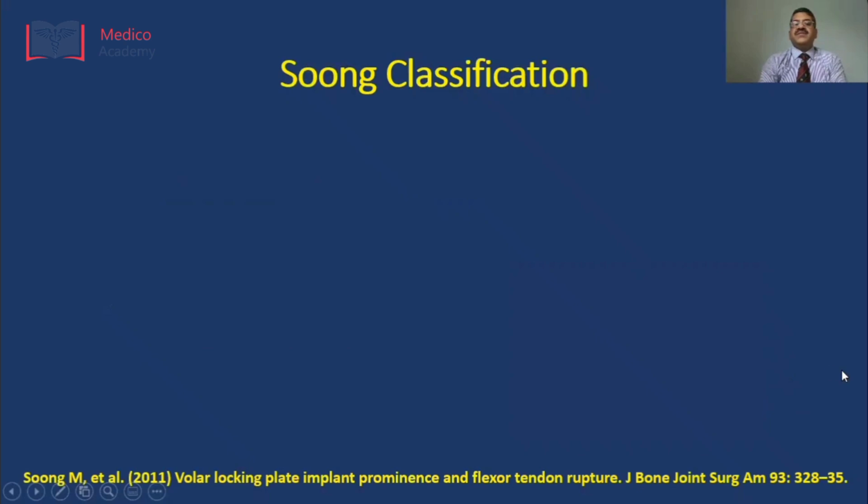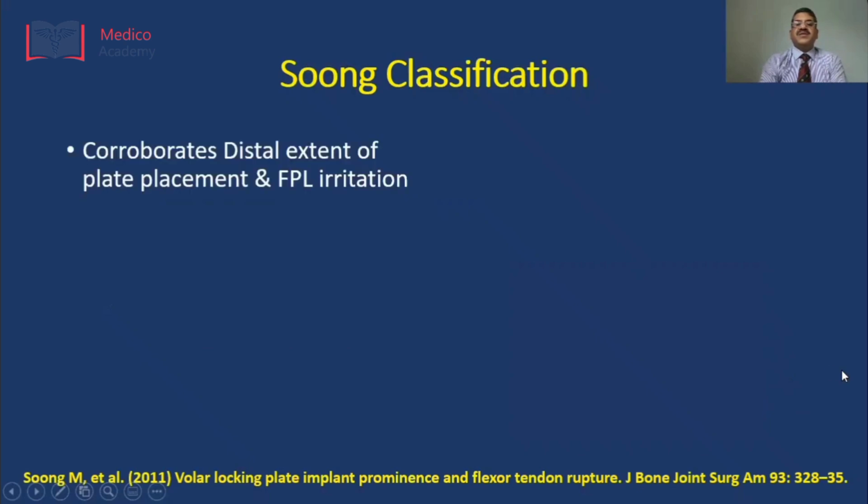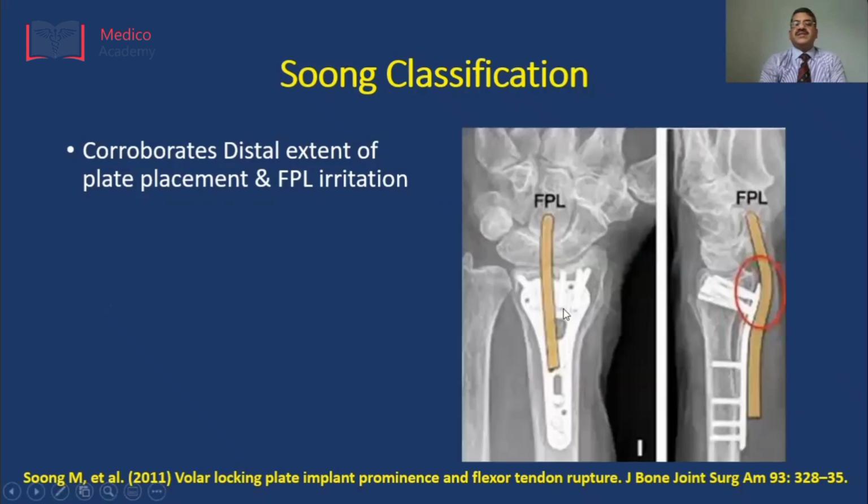Now, Soong gave us a very useful classification which corroborates the distal extent of the plate placement and the possibility of FPL irritation. You can see with the plate being so distal and the FPL tendon coursing like this, the FPL tendon can be tented if the plate placement is very distal.